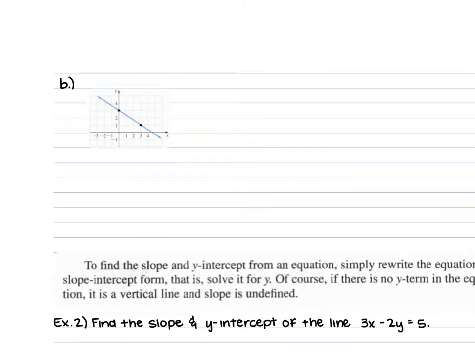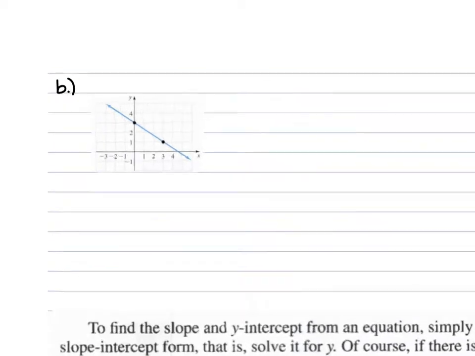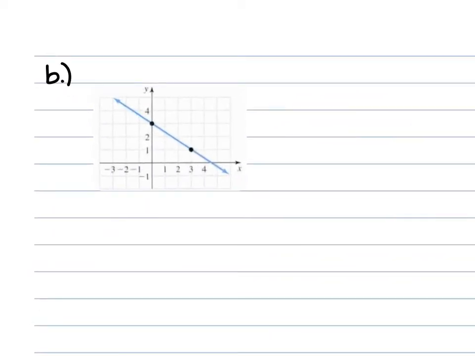If we are given the graph with a line on it, we can look at those 2 points and find the slope between those 2 points, as well as where that line crosses the y-axis. This point where that line crosses the y-axis is the ordered pair (0, 3). So that's giving us our b value of 3.